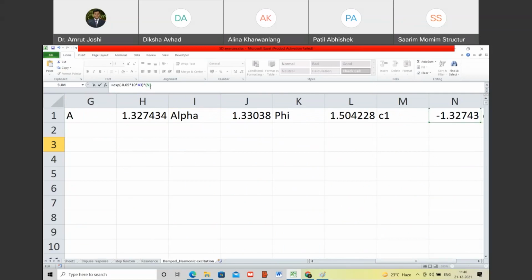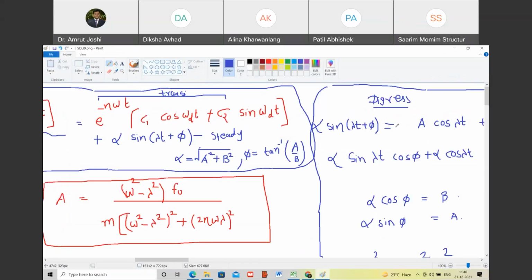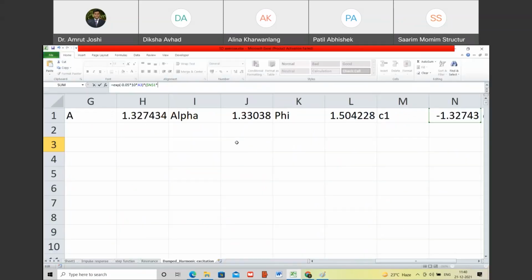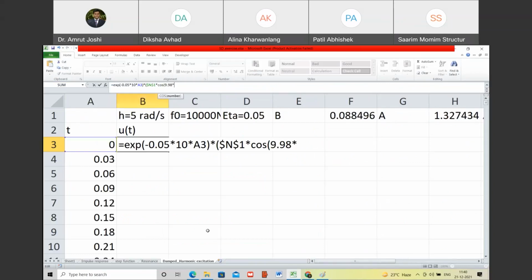But now here I will have to add dollars because this value should not change as I change the cell. So this value is fixed. C1 into, say, C1 cos omega d t. So cos of omega d is 9.98 into t. What is the value of t? T is here. So the first term is C1 cos omega d t plus C2.